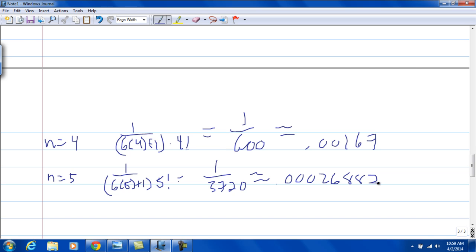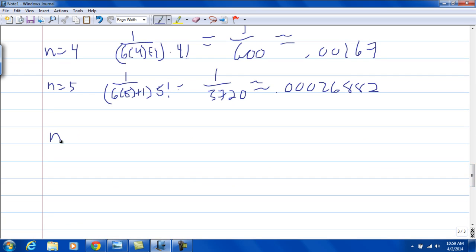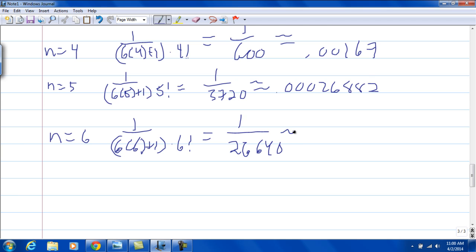So let's look at n equals 6. 1 over 6 times 6 plus 1 times 6 factorial. That's 1 over 37 times, I think it's 720. 26640.